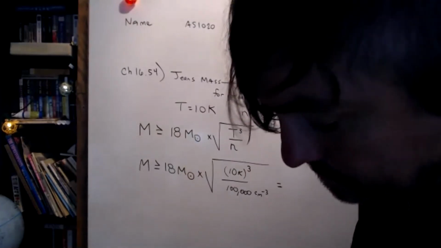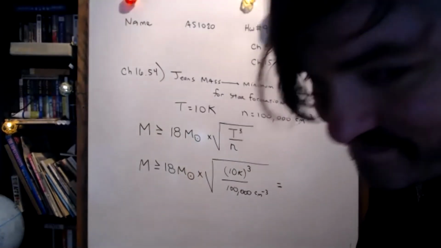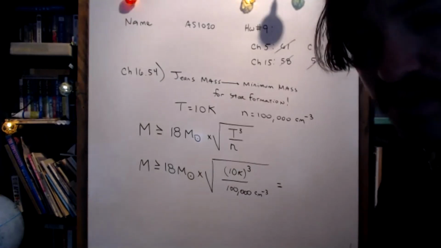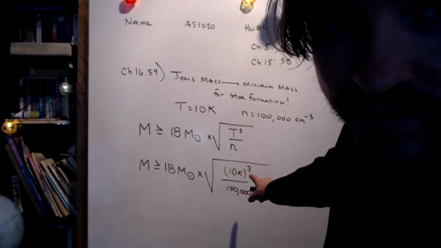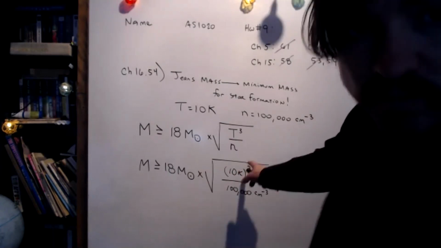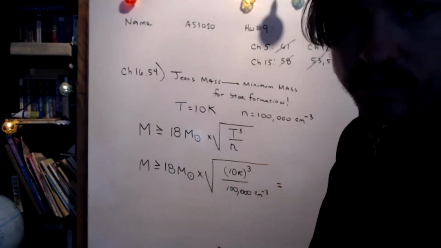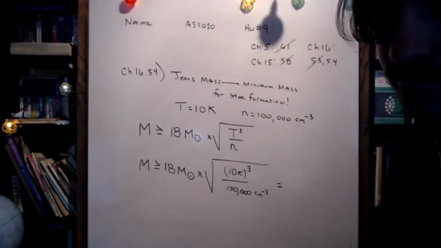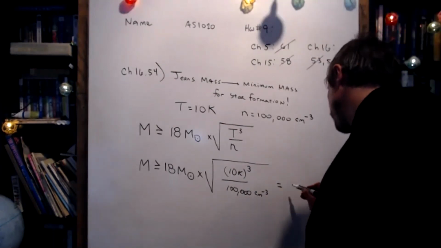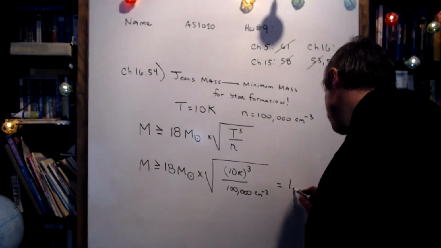Say that again, Kate. 0.18. You're off by a factor of 10. Did you type 10 EXP 3 there? Did you cube it? You forgot to cube it. Yeah, I forgot to cube it. I got 1.8. Yeah, cube it again.